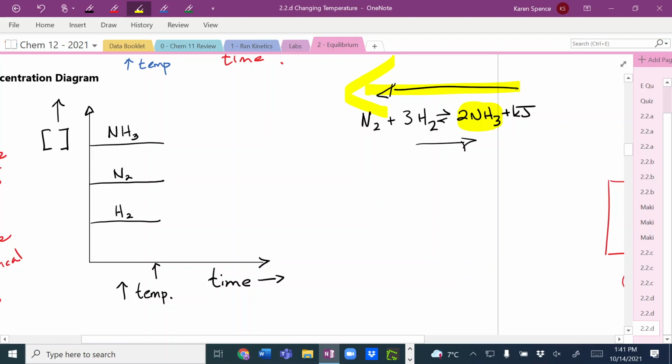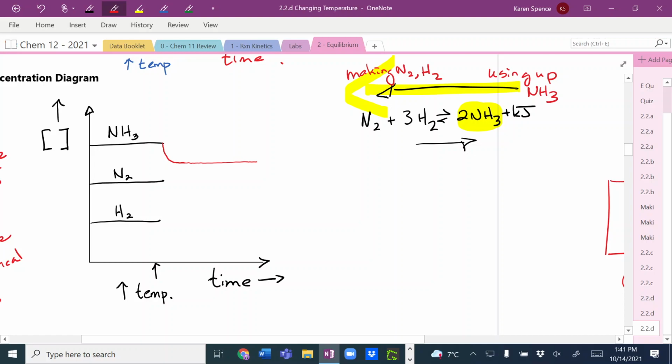We're using up NH3, right? So NH3 is going to go down. And then the other two are going to go up because they're being made. So we're making N2, H2.